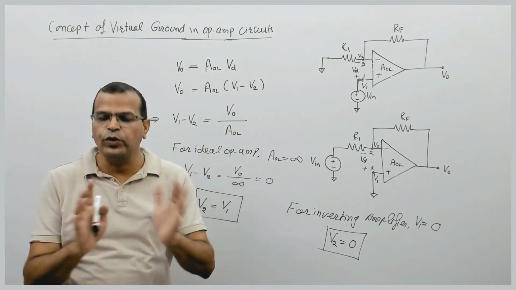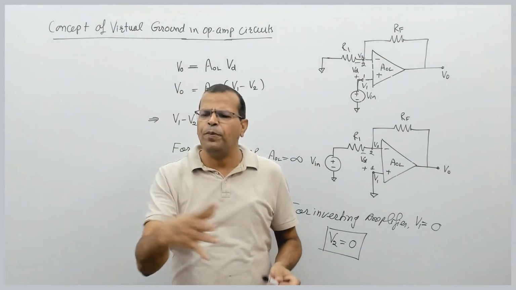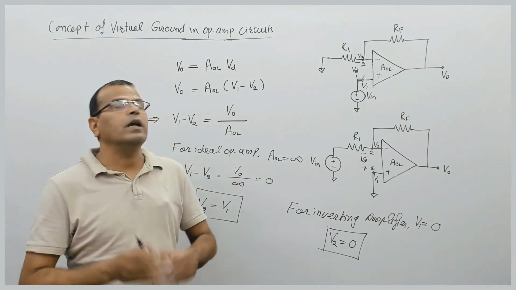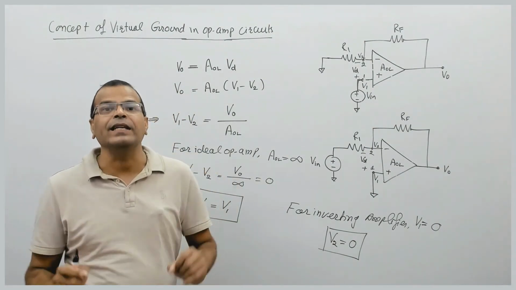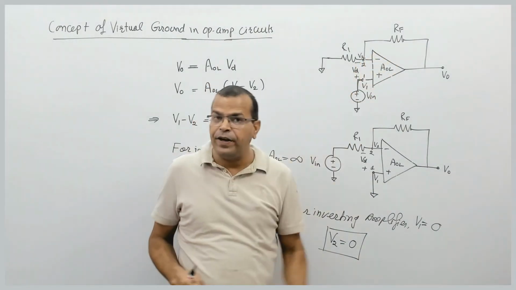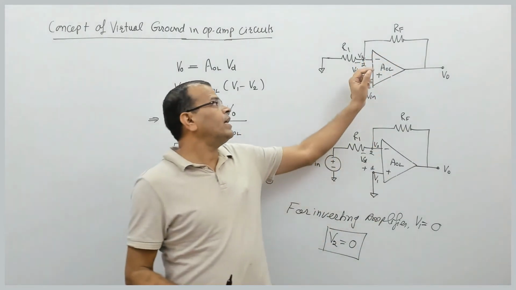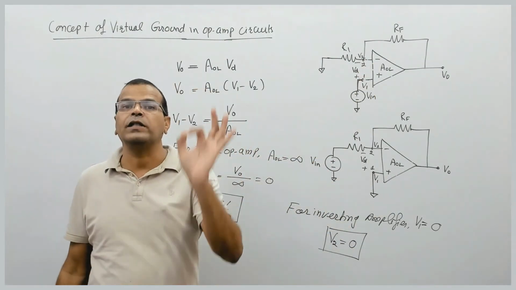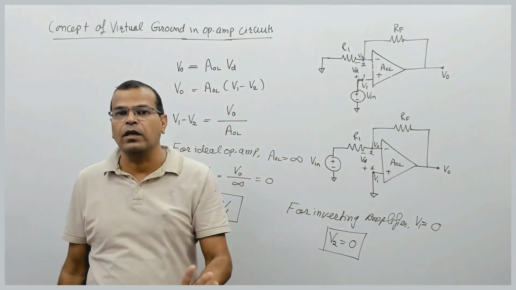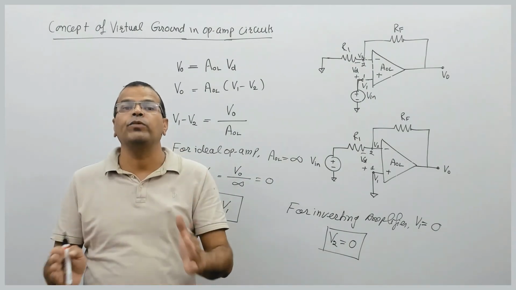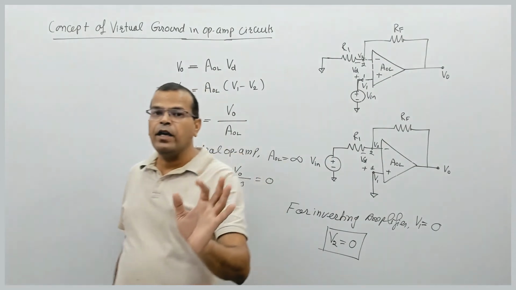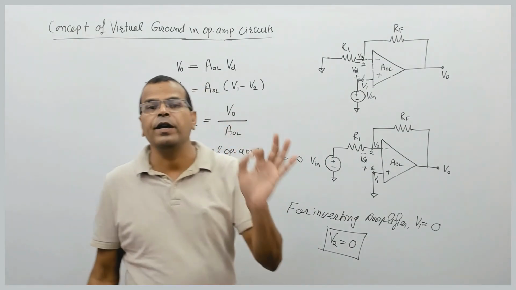Now, what you should remember is, in any op-amp based circuit, if there is negative feedback, the voltage at the inverting terminal is the same as the voltage at the non-inverting terminal, provided your op-amp is ideal with open loop gain infinity.